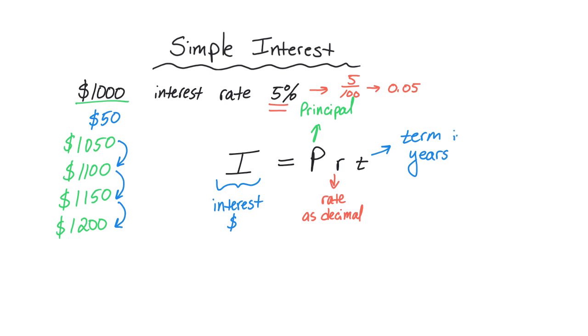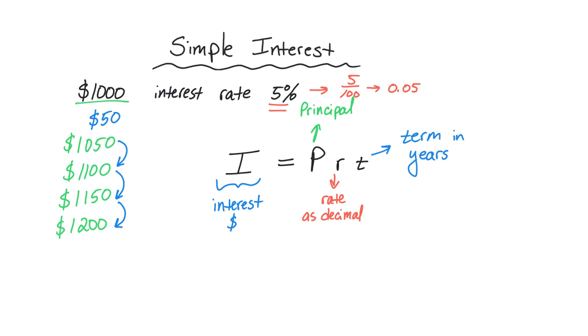So if you want to know how much interest you can gain from investing your money, you need to know what percent your interest rate is going to be. You need to know how much money you're going to invest originally, and you need to know how long you're going to be investing it for.